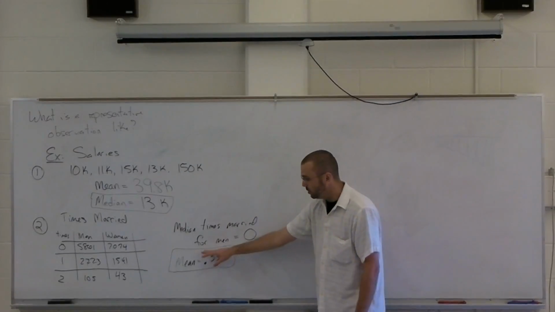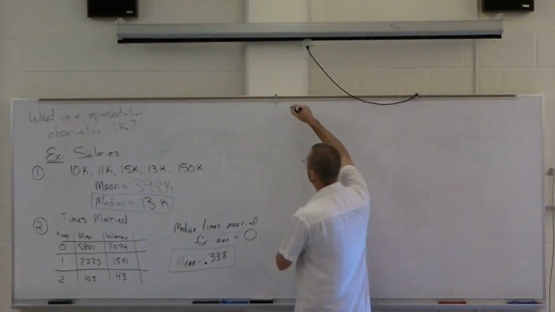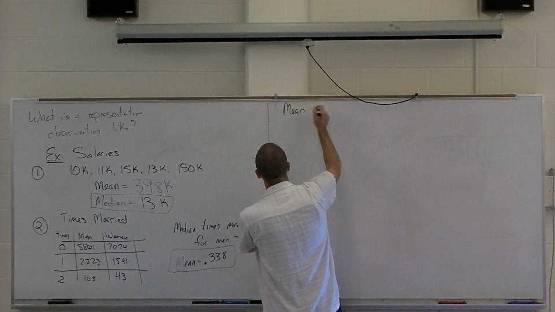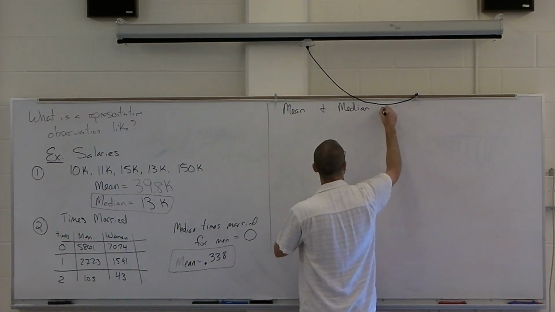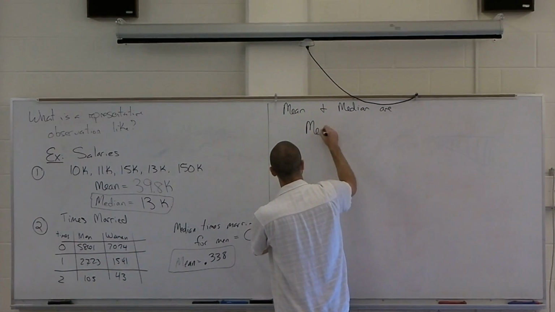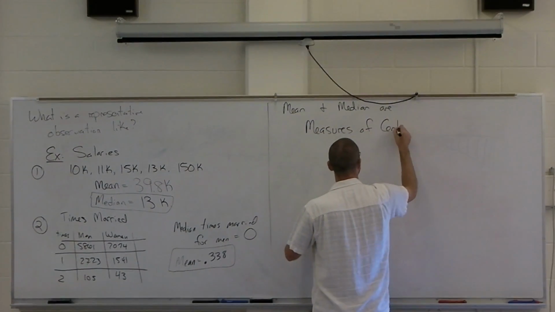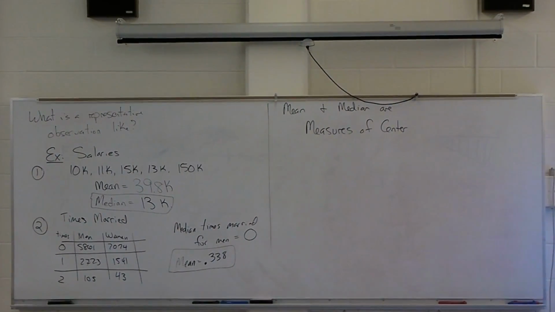That's one way you can interpret these values. Now, these two numbers, the mean and the median, are called measures of center.